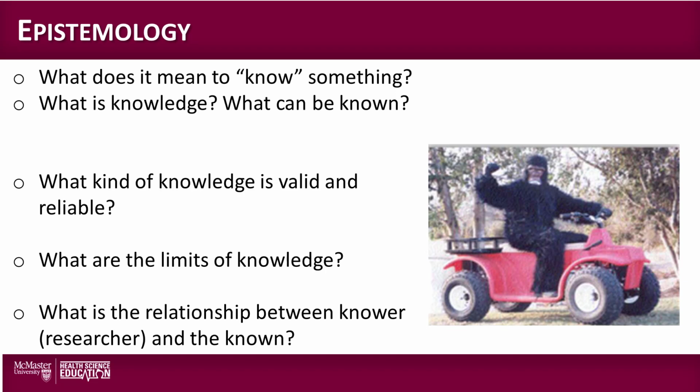We have to assess if this knowledge is reliable. Just because we see a picture of something, does that mean that we know it? Is a picture a valid form of knowledge? Are there other things going on in the picture that either increase or decrease the reliability of that knowledge? And perhaps most centrally, how can we differentiate what is true from what is not true?